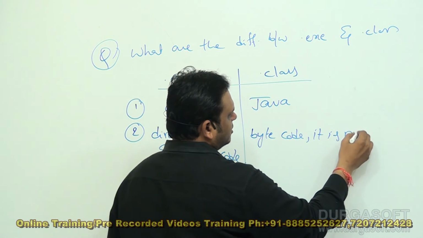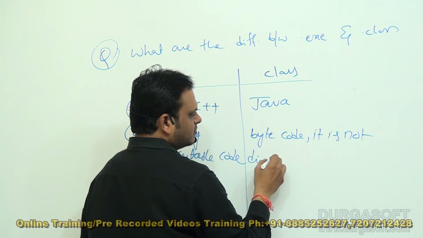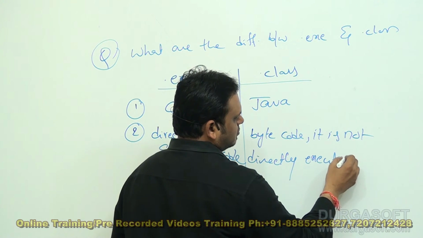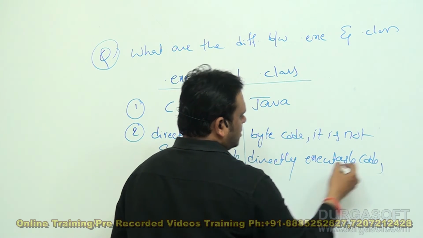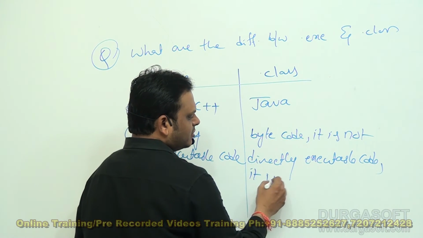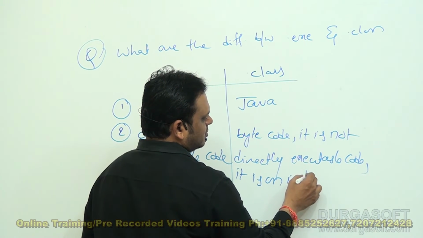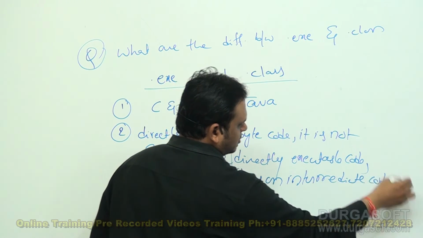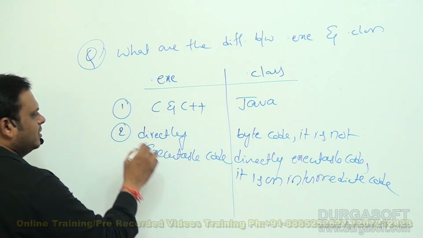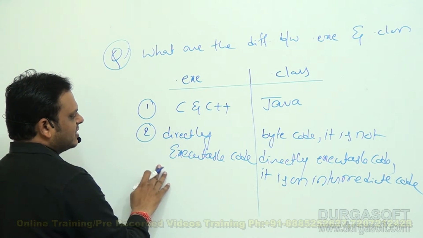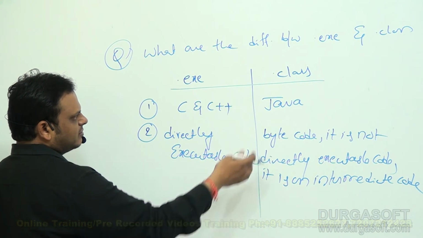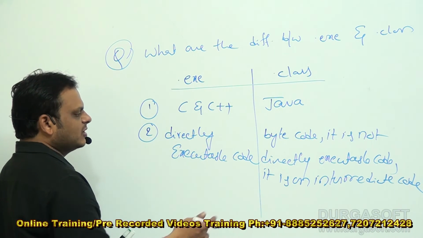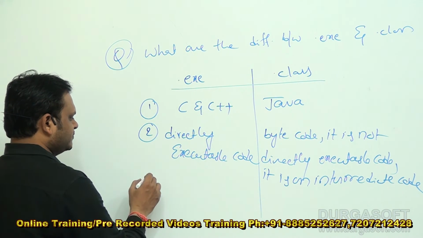It is not directly executable code, it is an intermediate code. The .exe file contains directly executable code, but a .class file contains bytecode. It is not a directly executable code, it is an intermediary code.